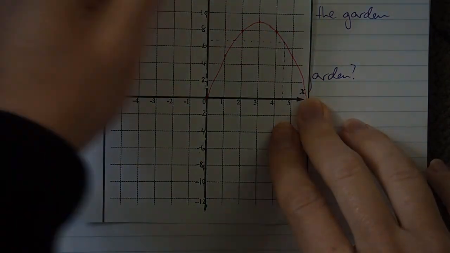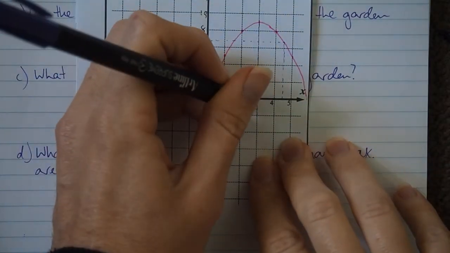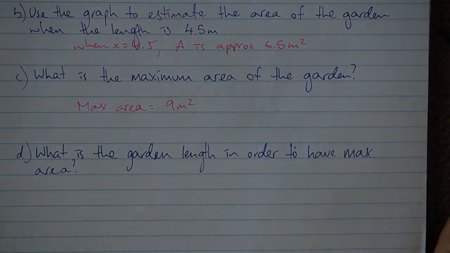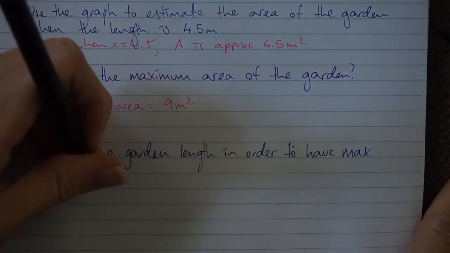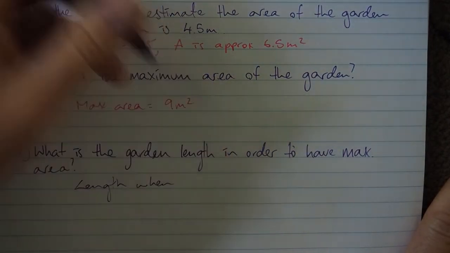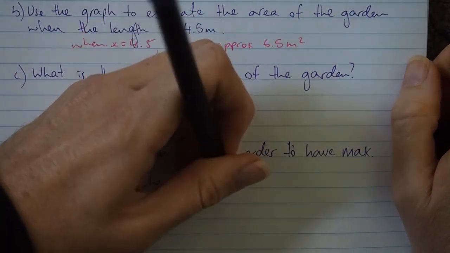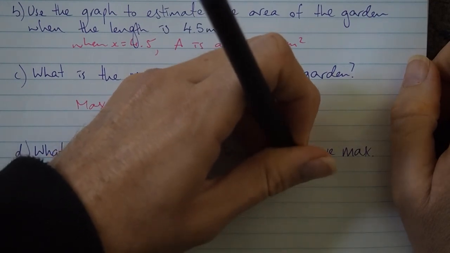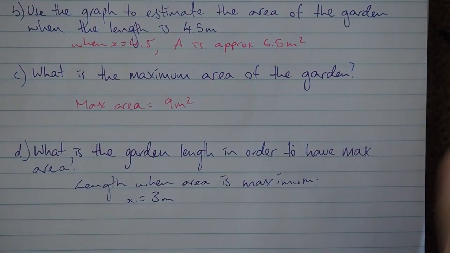So when our A is at its highest value, our x is 3. So length, when area is maximum, x equals 3 meters.